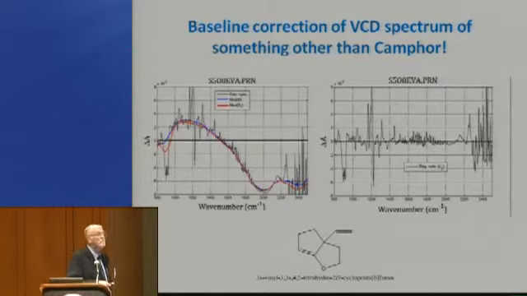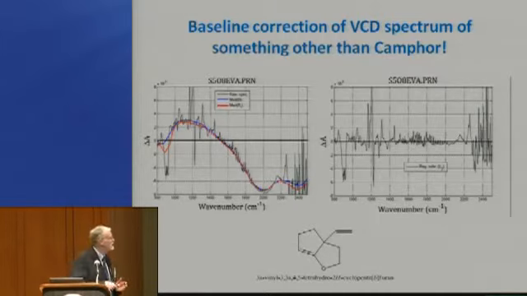So finally, I realized we haven't used anything other than Camphor in looking at this. Now, really, that was clearly a mistake. So back on the email to Jordan Nafee, I said, can you send us a spectrum with a bad baseline that isn't Camphor?